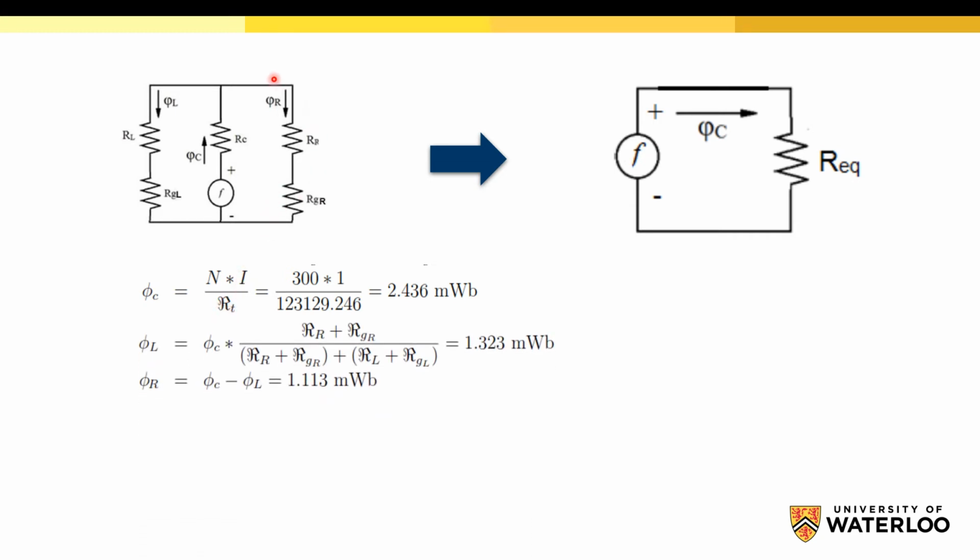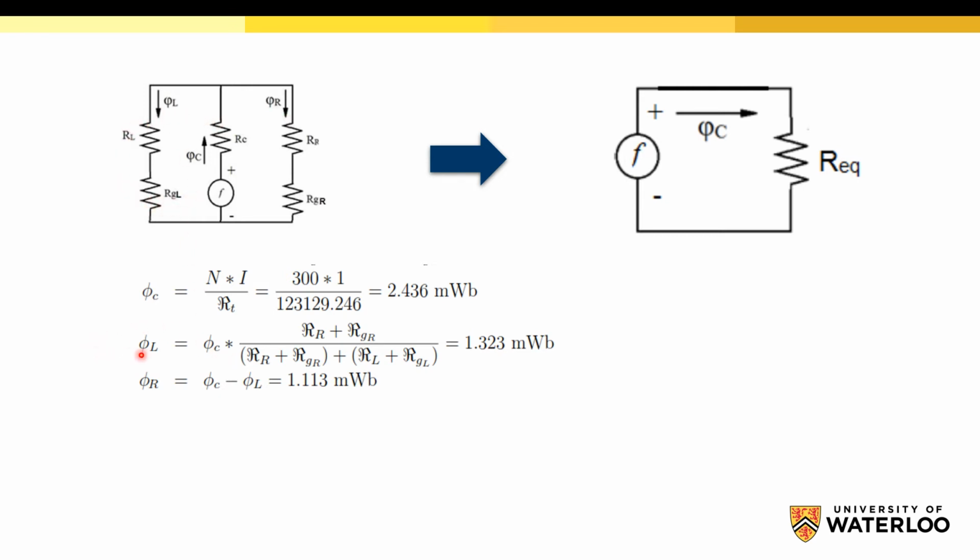Now, in order to calculate the left flux and the right flux, we can use the current divider rule. So the left flux is equal to the total flux times these two together over the summation of these two along with these two.